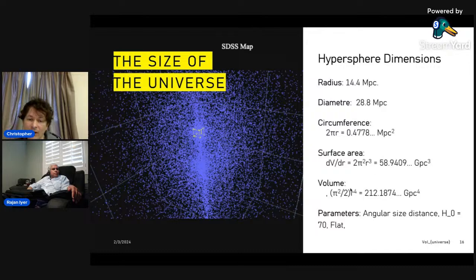Then the full 4D volume of the hypersphere is 212 gigaparsecs to the fourth. And this just shows the base parameters I used to measure the original 43.2 megaparsecs, which was angular size distance, a Hubble constant of 70, and a flat universe.